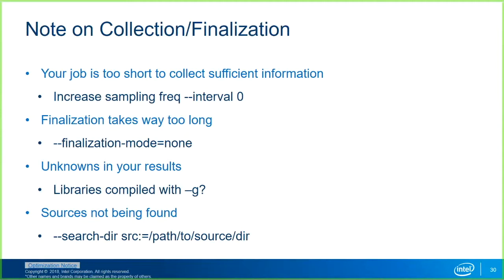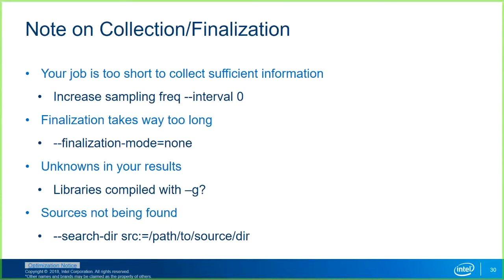If you're running an application that uses a lot of threads, VTune will generate a lot of information, and this information can take a really long time to finalize, especially on a platform like KNL, because finalization is a single thread process, so it might take a long time. In that case, you might want to set your finalization mode to none, and then copy the results over to a system like Skylake and finalize there.